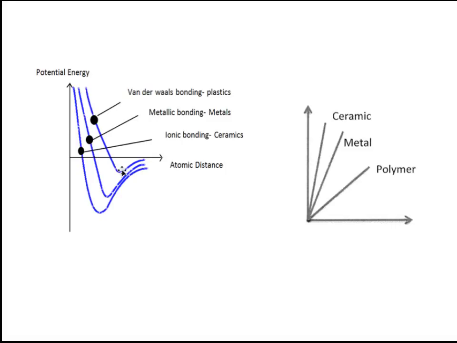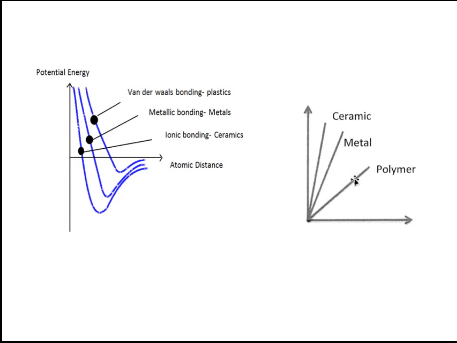So it means that if you look in a stress-strain diagram for the different types of material, you will get the highest slope, the largest stiffness, or the highest elastic modulus for the ceramic materials, which have the deepest minimum in the potential energy diagram. Then it comes to metal with somewhat smaller slope, and polymers will have a very small slope.